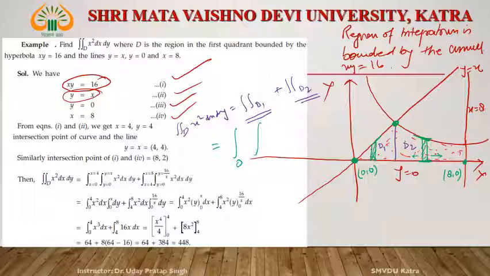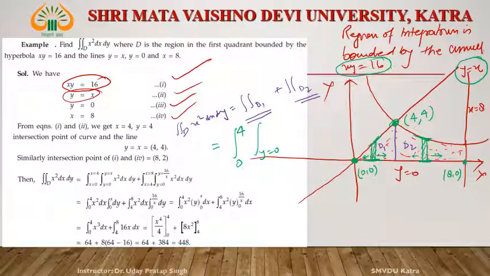It is the intersection of the curves y equal to x and xy equal to 16. So y equal to x means x square equal to 16, so x equal to 4 and y equal to 4. So the strip goes from 0 at the lower part up to 4 at the upper part.